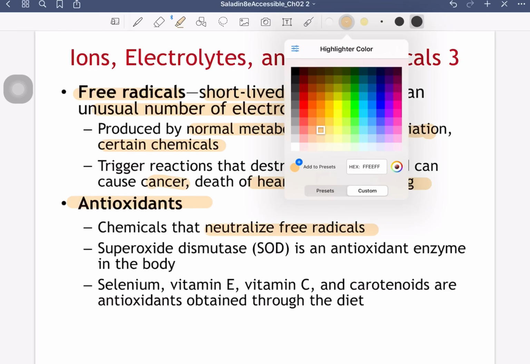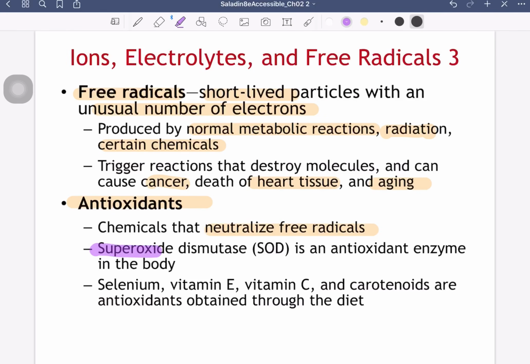There are some in the body, like superoxide dismutase. Look at the name. Let's break that name down a bit. Oxide, right? Superoxide. Dis, mutase. Mutase gives you a sense that we're talking about mutation.